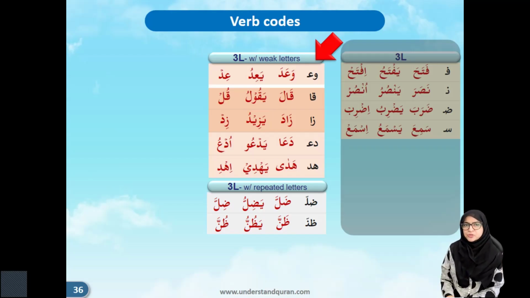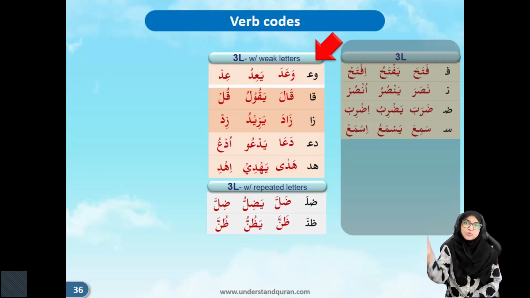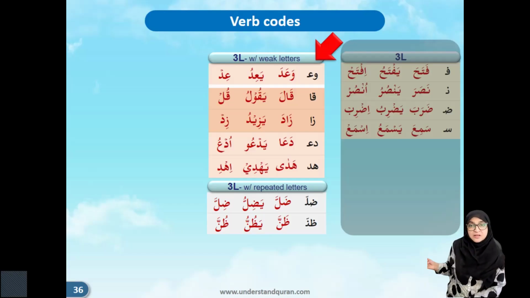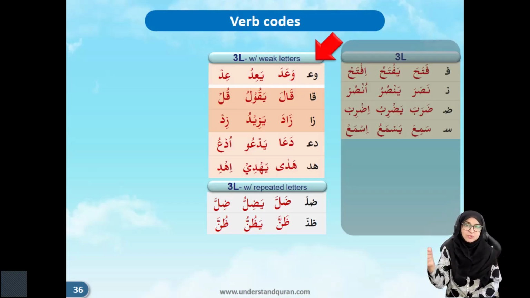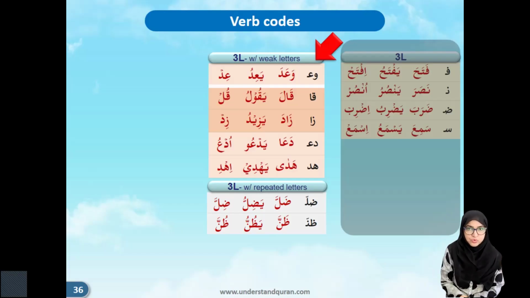And of course, these are the verb codes on the side. So when you look at this Waw and Ain, we are talking about Wa'ada and so on. Wa'ada, ya'idu, 'id, qala, yaqulu, qul, zada, yazidu, zid, da'a, yad'u, ud'u, hada, yahdi, ihdi. And the repeated letter words are dalla, yadillu, dill, zanna, yazunnu, zunn.